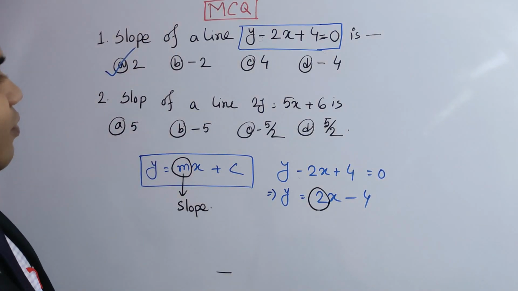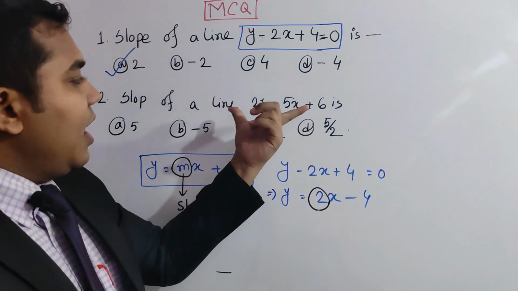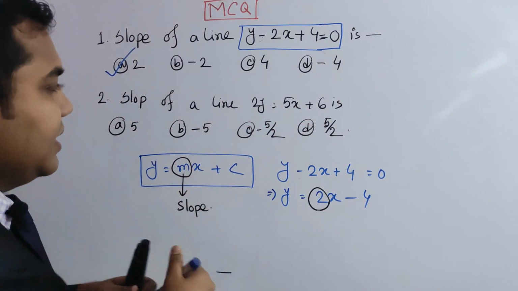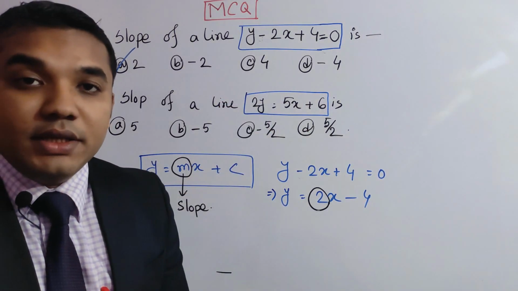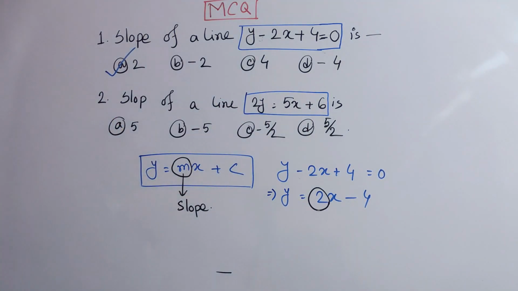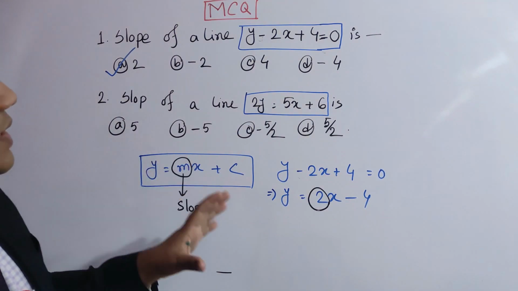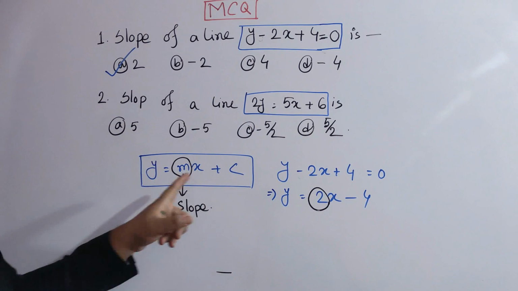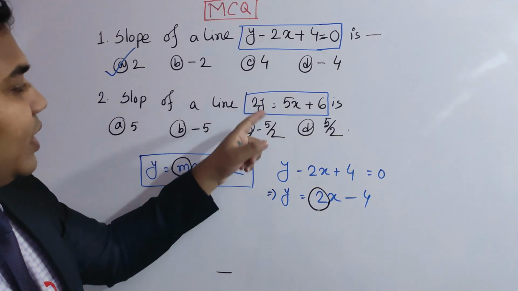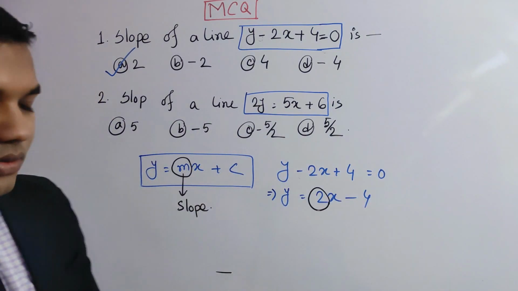Now maybe one question arose in your mind: how can we go about it when the equation is like this? What's the slope for it? Most of the time, or many times, we generally go for the 5. That's not the way. Here y was free, but here y is not free, so make y free.